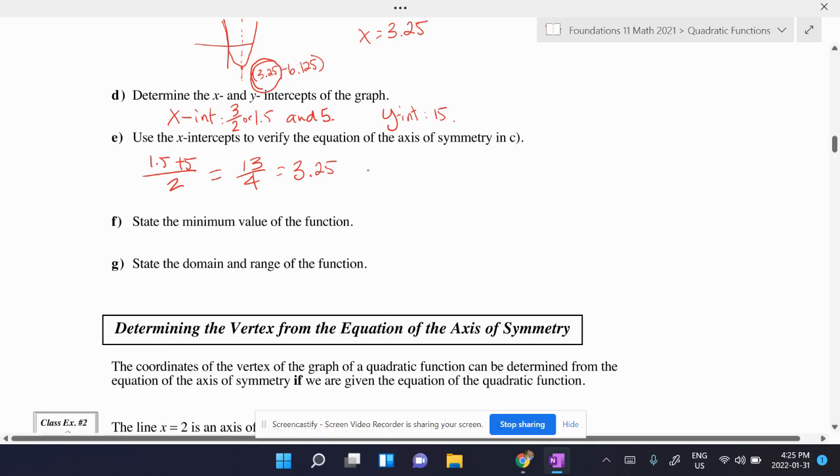So that means that x is equal to 3.25 is that line in between those 2 points. These are your x-intercepts, and there's a line right between them. And that's what this line is.